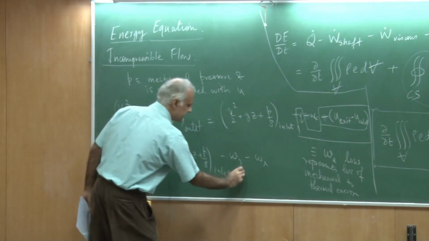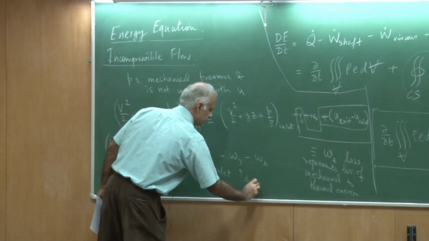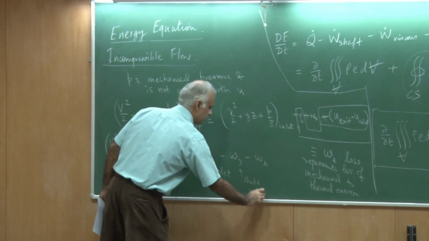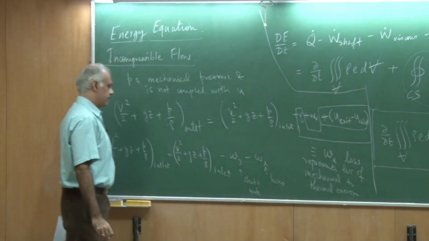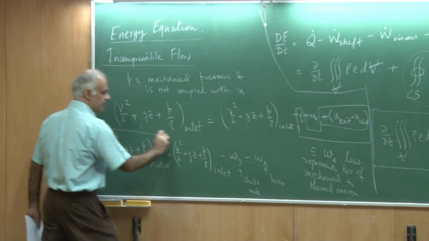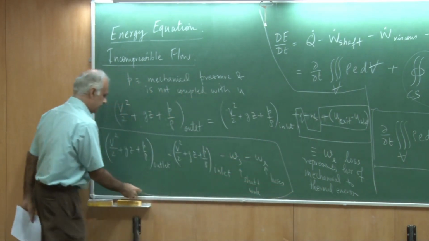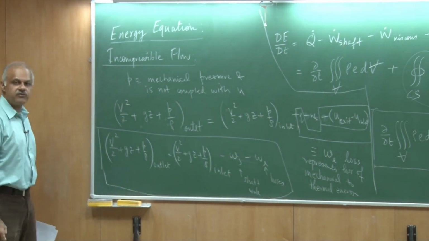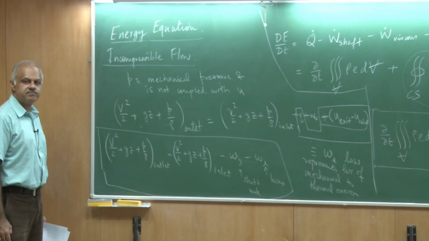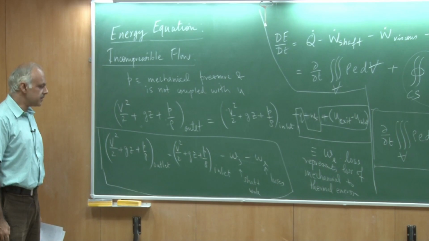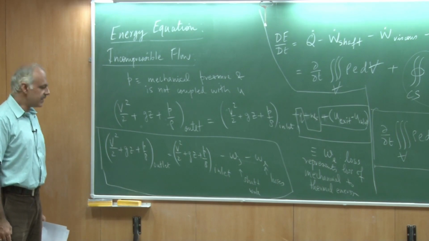So, this is really the shaft work and these are losses. This is the energy balance equation that I have for a control volume where the flow is steady, it is incompressible, and at the inlet and exit ports I can assume that it is one dimensional.